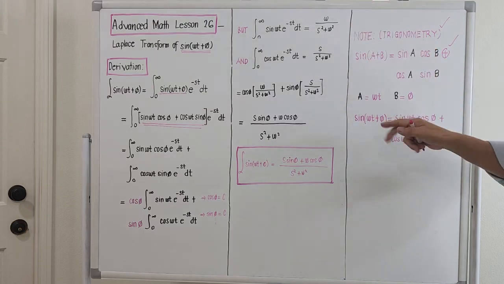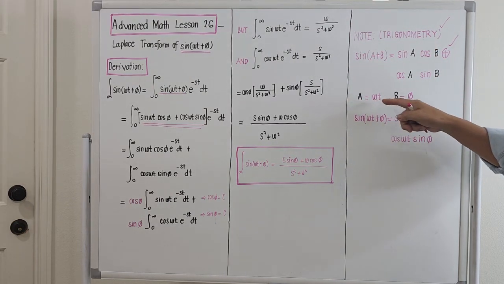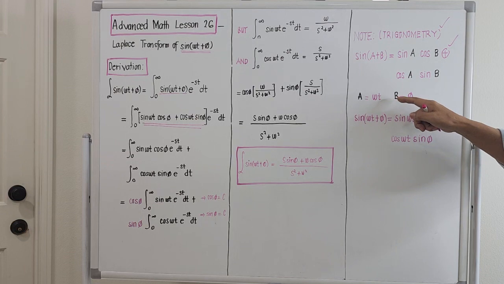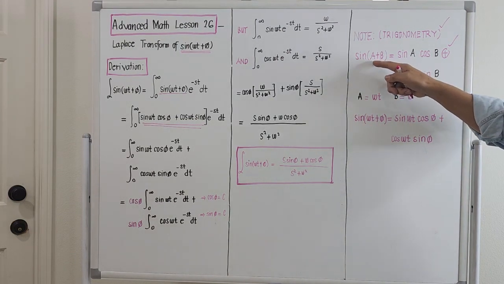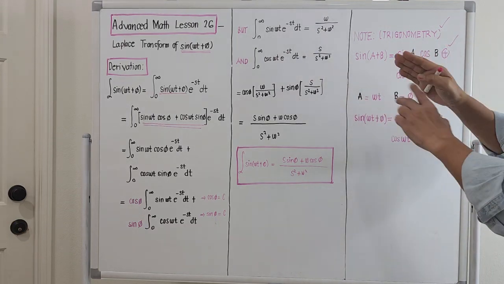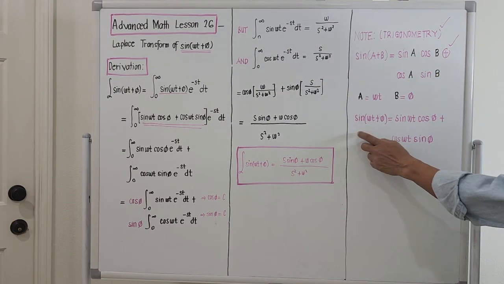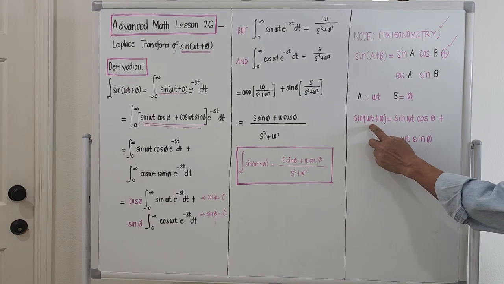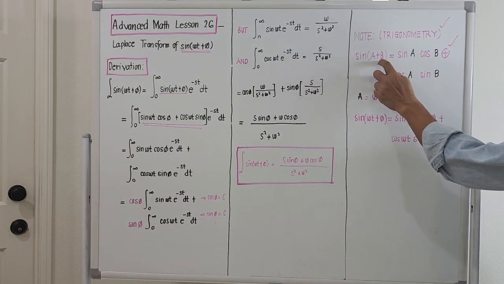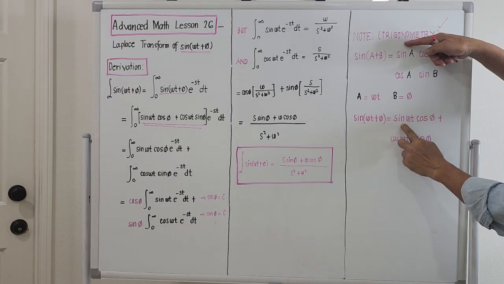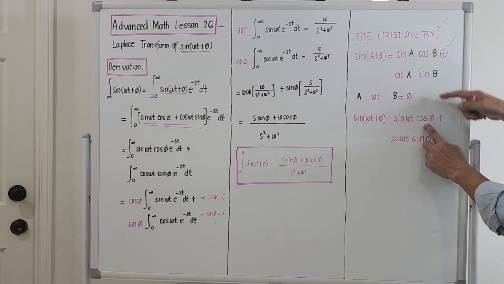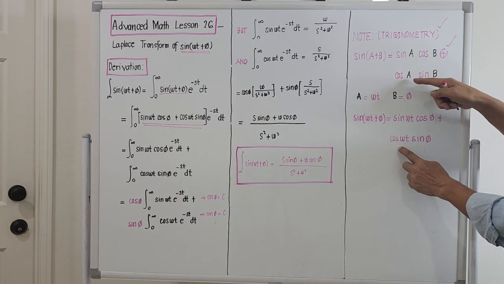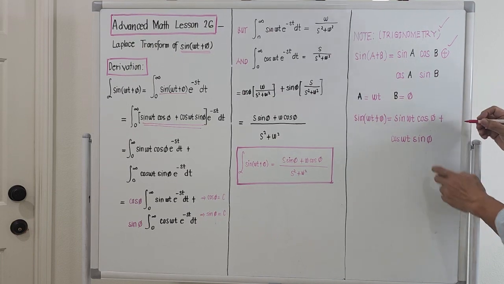Because we substitute angle A to be omega t and angle B to be angle p. So replace A and B by these values here. What will come out will be sine of A plus B will be omega t plus angle p. And following this, sine of A, A is omega t, cosine of B, but B is angle p, plus cosine of omega t, sine of angle p.